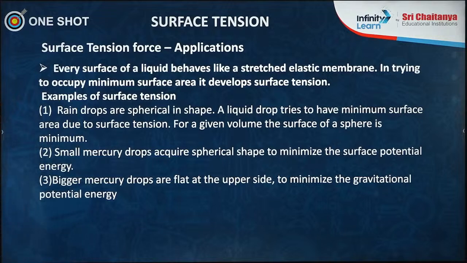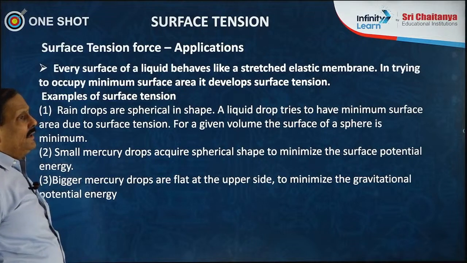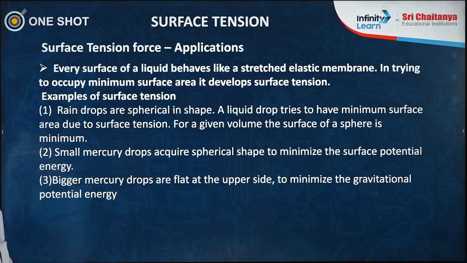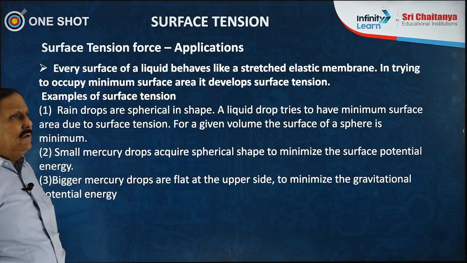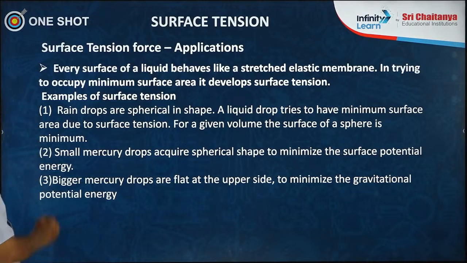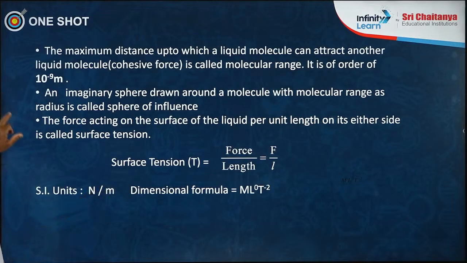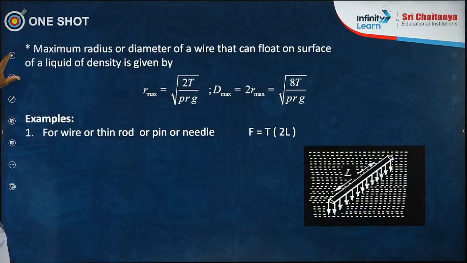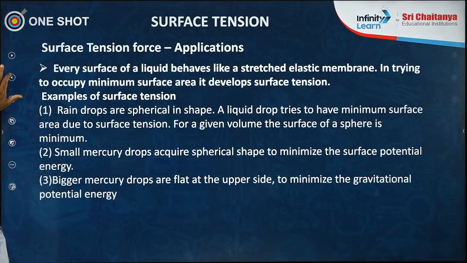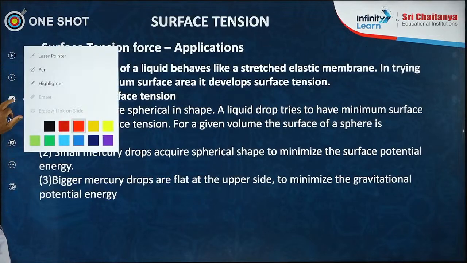And basic examples of surface tension you have to go through. Raindrops are spherical. Even small mercury drops are also spherical. But bigger mercury drops are not perfectly spherical.